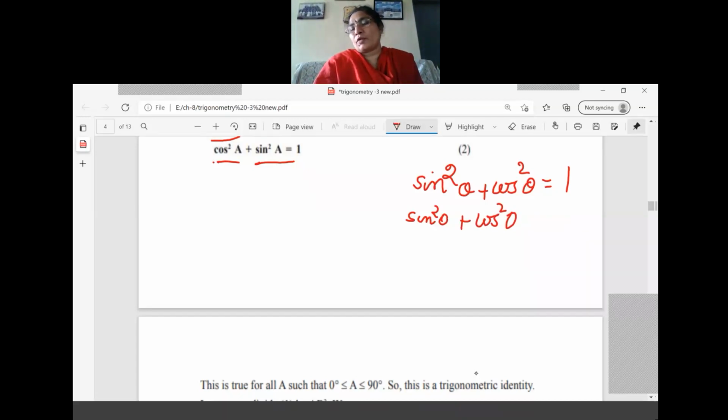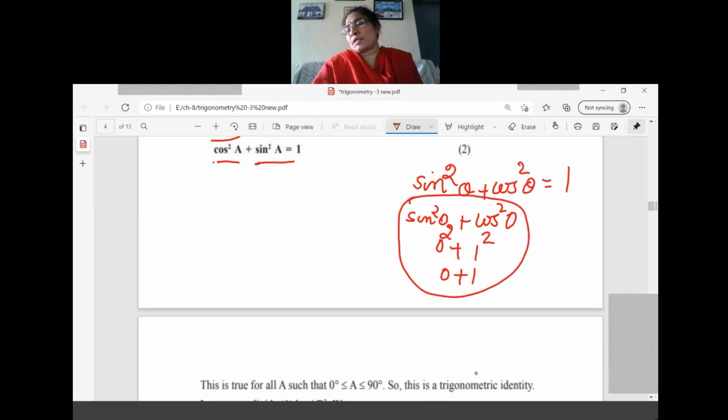We know the value of sine 0 is 0, so it is 0 square, then cos 0 is 1, so it is 1 square. So 0 plus 1, that is our LHS. What is our RHS? It is equal to 1. So LHS equals RHS. If you apply this for other values, if you take 30, sine square 30 plus cos square 30 also.